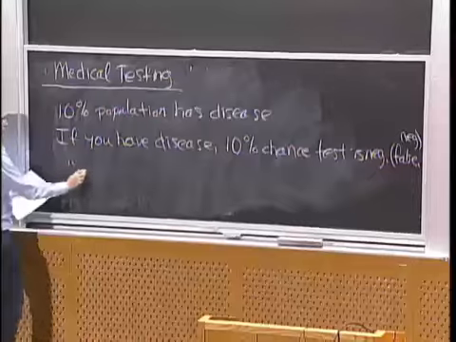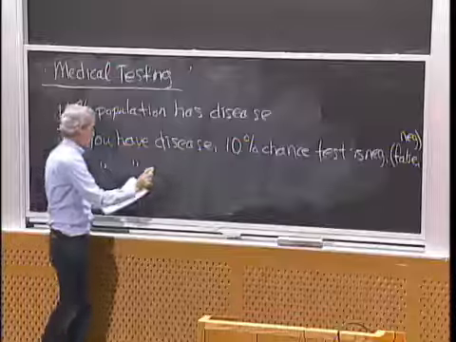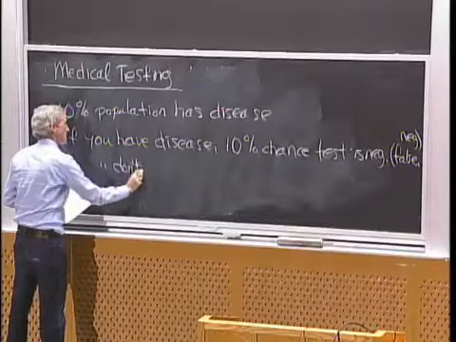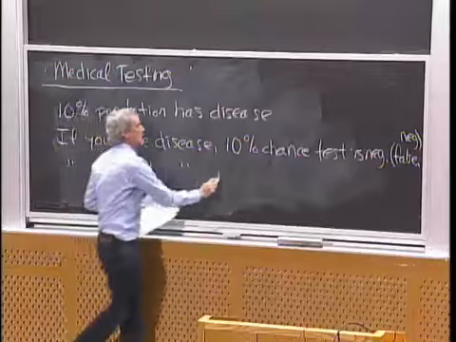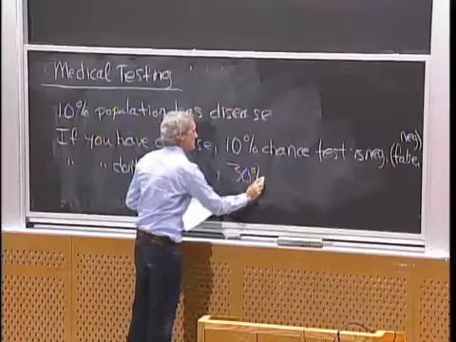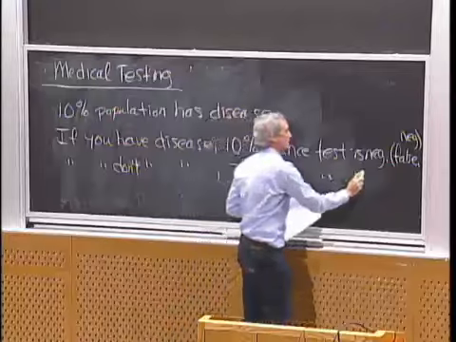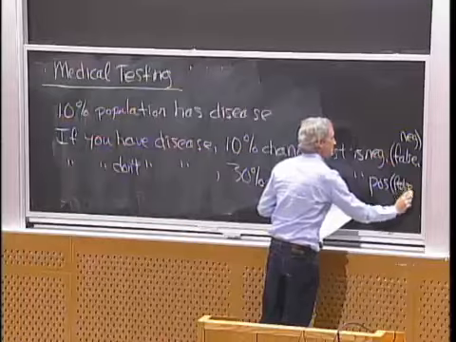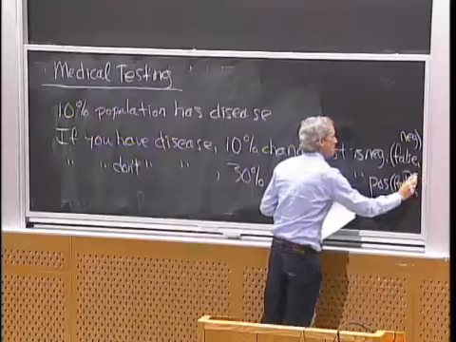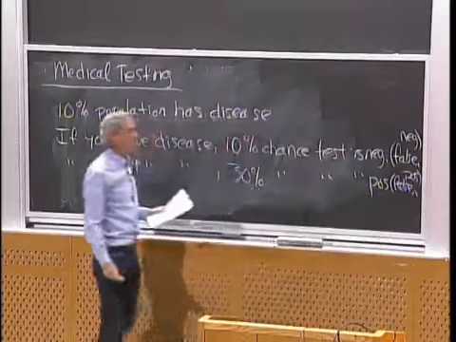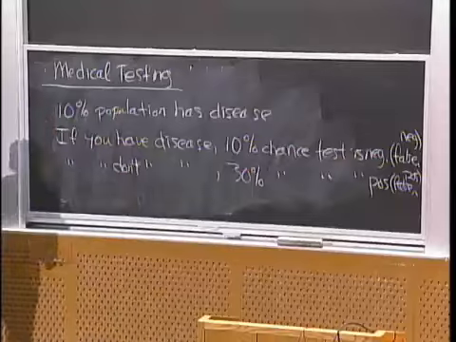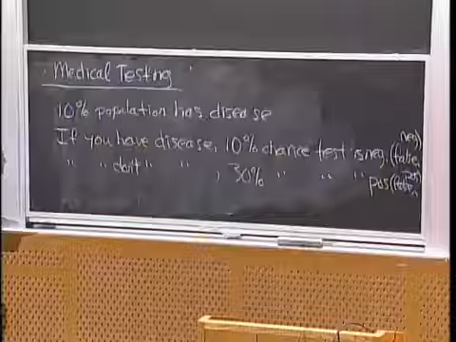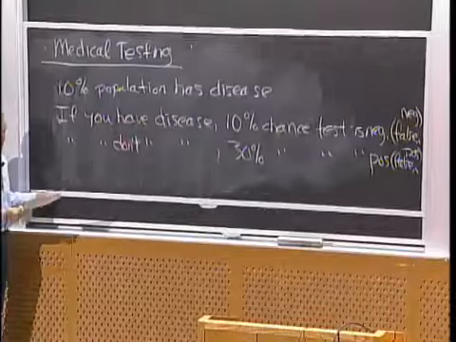And similarly, if you don't have the disease, there's a 30% chance that the test comes back positive. And it's called a false positive, because it came back positive, but you don't have it. So the test is pretty good, right? It's 10% false negative rate, 30% false positive rate.